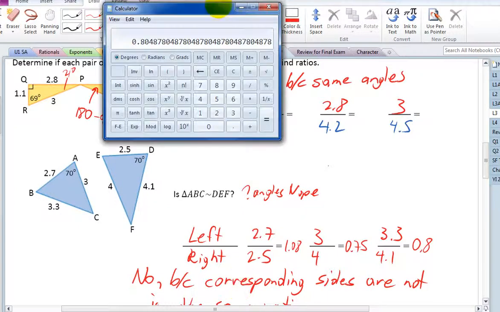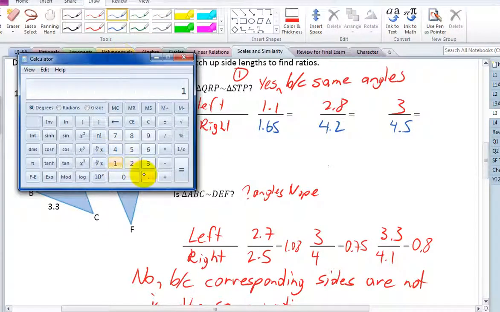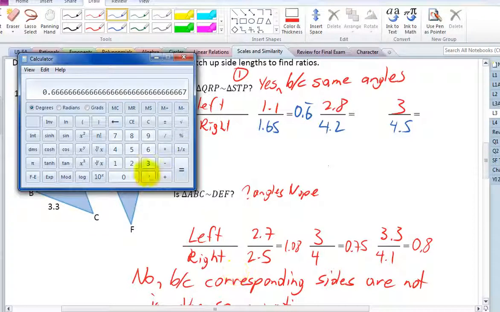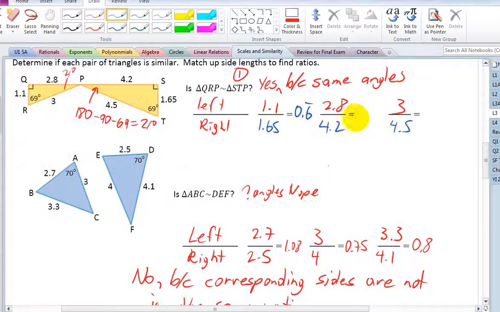So grab your calculator and divide. 1.1 divided by 1.65, 0.6 repeating. 2.8 divided by 4.2, 0.6 repeating.